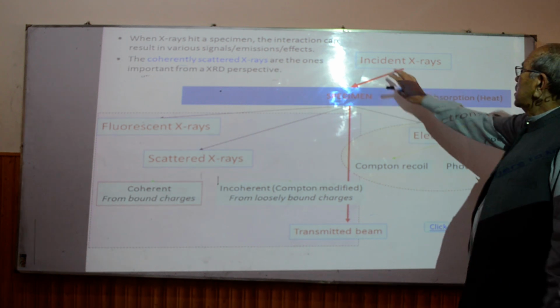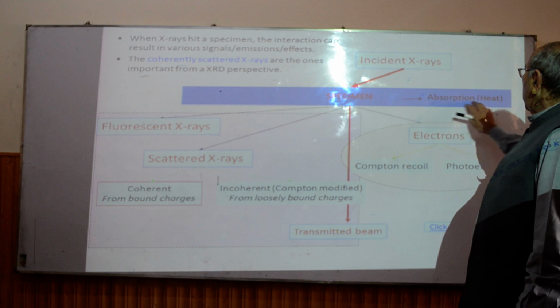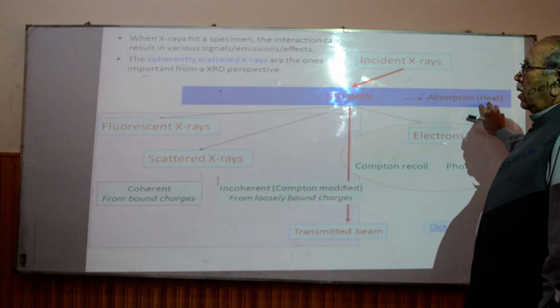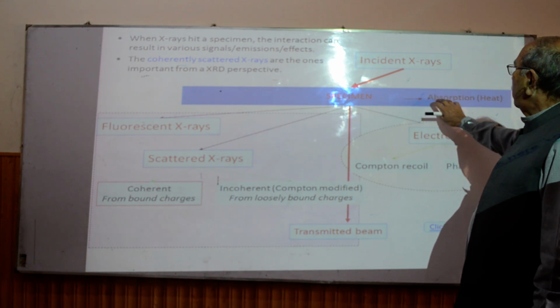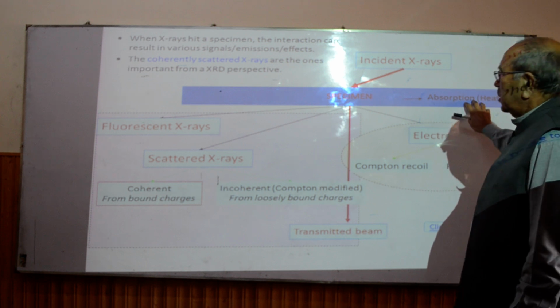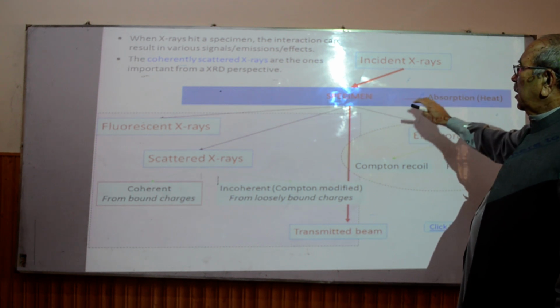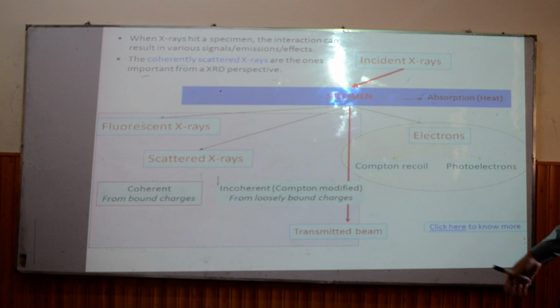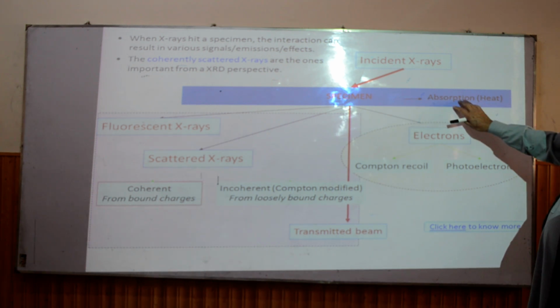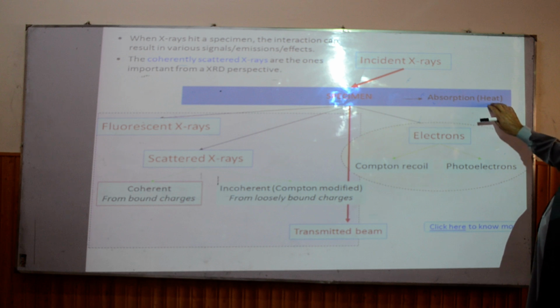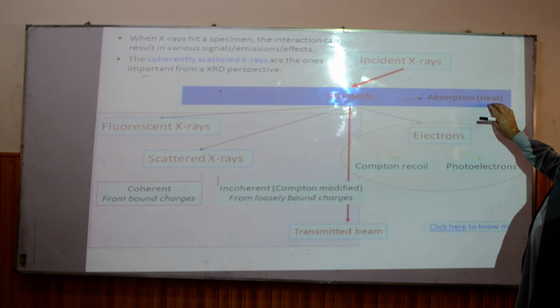First thing is, some of the incident X-ray will be absorbed, and when it is absorbed, it will be converted into heat. Since X-rays mostly pass through the material, absorption will be very small, and hence the heat production will also be very small.